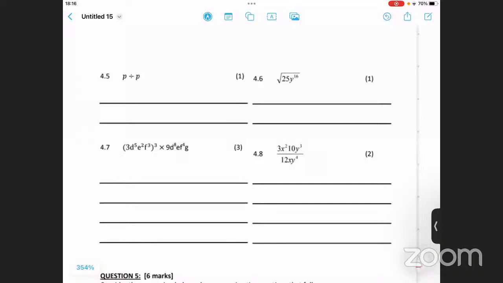Okay, let's look at 4.5. We have P divided by P. Busisi, what are we gonna end up having when we divide P by P? Ma'am, won't we still have P? Why do you say P?